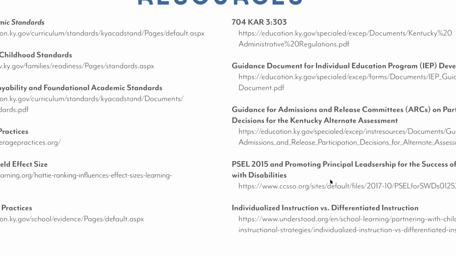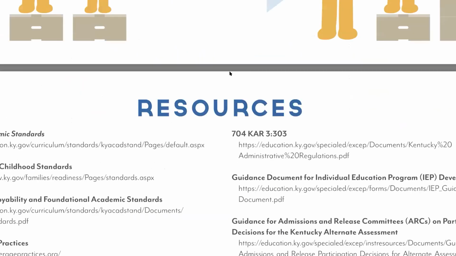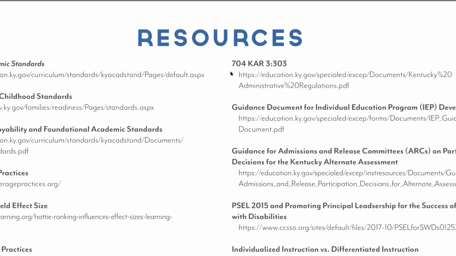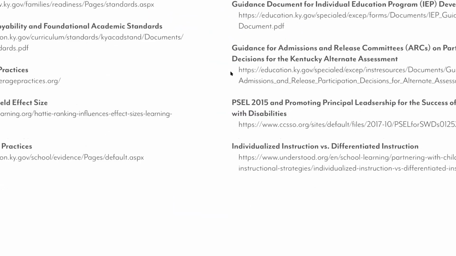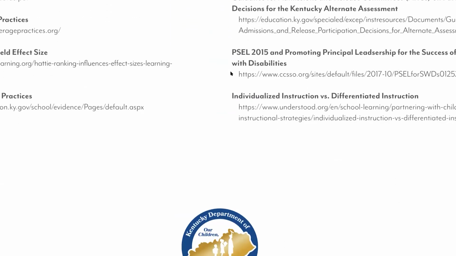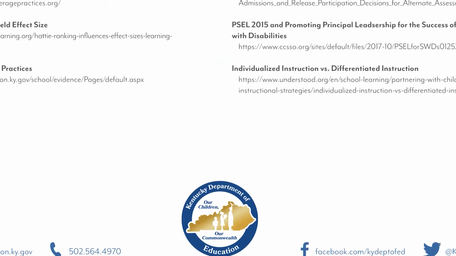Now, if you look on the resources page, one of the things that I wanted to point out, there's some really good resources here. Of course, you got your academic standards and your early childhood standards, which are those appropriate activities for early childhood students, those students that are 3, 4, and 5 that haven't entered kindergarten yet, that you can allude to when you're dealing with those ages. And then if you go on down, you'll see that there's highleveragepractices.org. There's Hattie's high yield effect size and evidence-based practices.